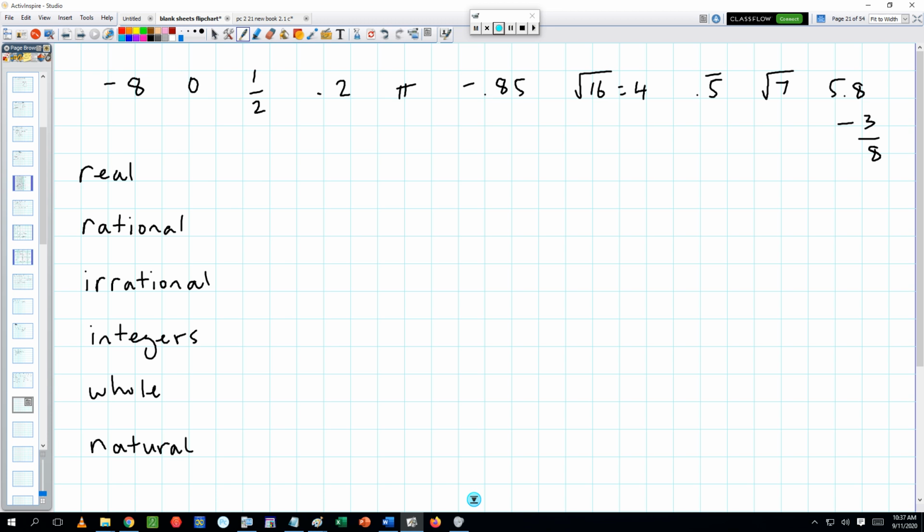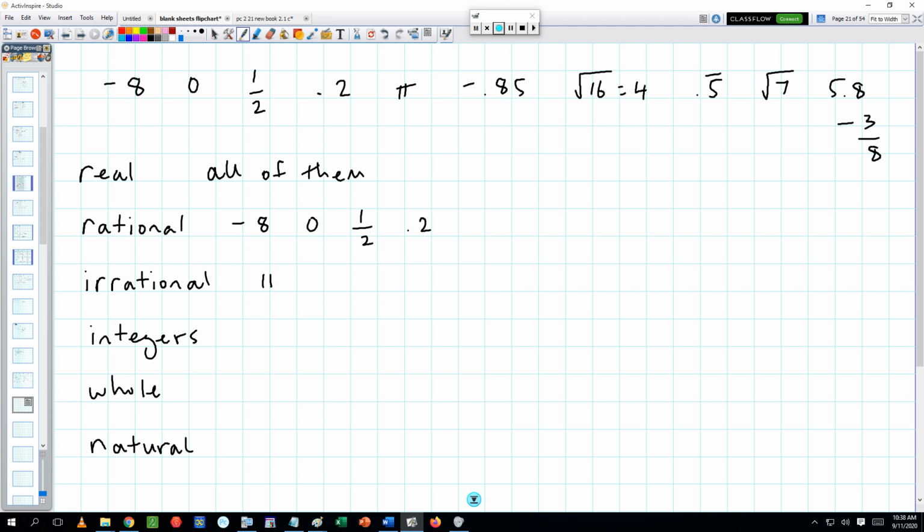Okay? Real numbers, all of them. Rational numbers, a lot of them. -8, 0, 1/2, 0.2, that's 2/10, not pi.